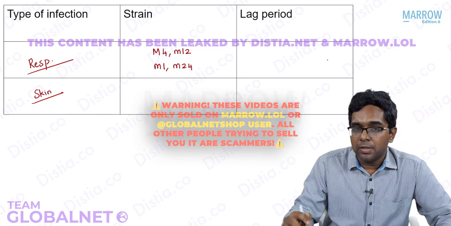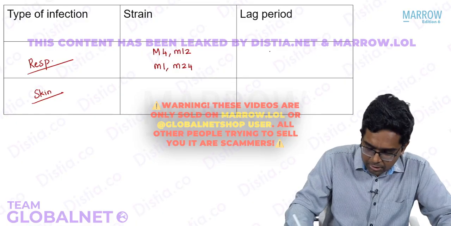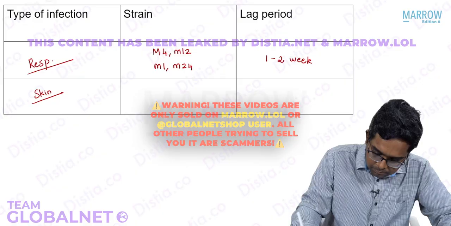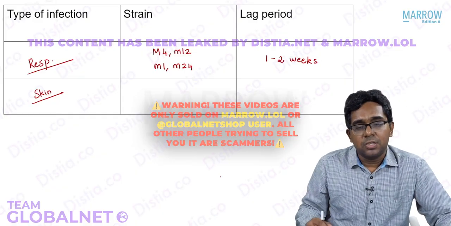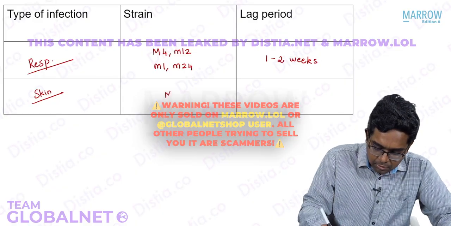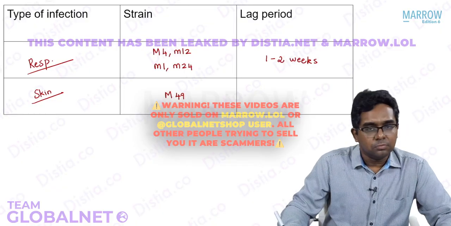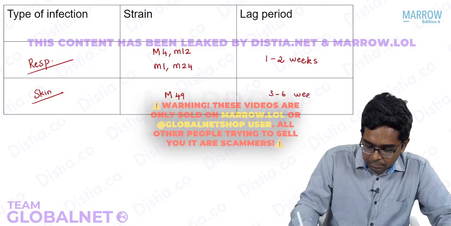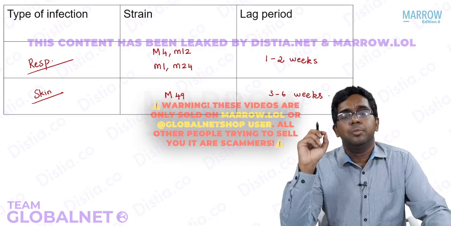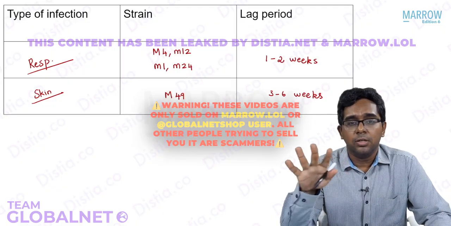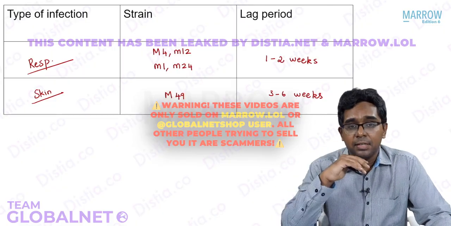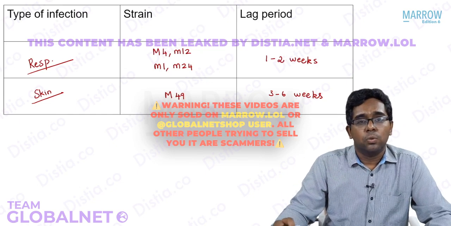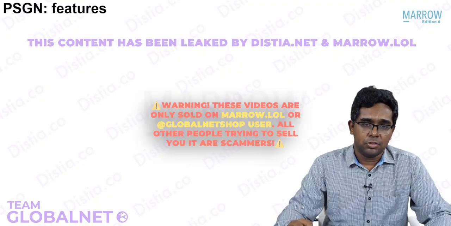Following a respiratory infection, the lag period is generally around 1 to 2 weeks. Whereas for skin infection, there is only one strain, M49, and the lag period is 3 to 6 weeks. Generally, remember, respiratory infections associated with streptococci are common in the winter season, whereas skin infections are more common in the summer season.